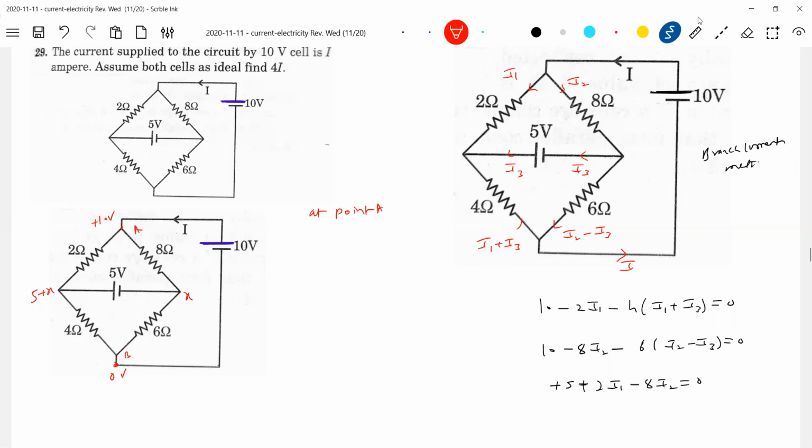But here current I is entering. So I plus, how to write this? Current entering a junction should be equal to current leaving the junction. So current entering the junction, I, should be equal to 10 minus 5 plus x by 2.